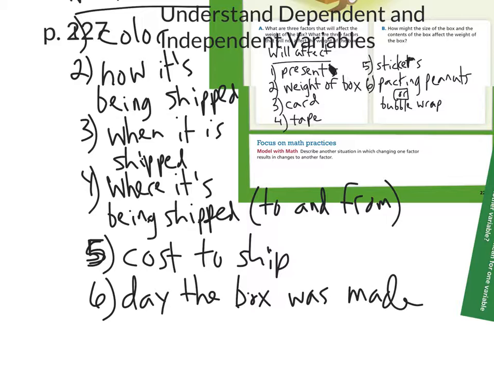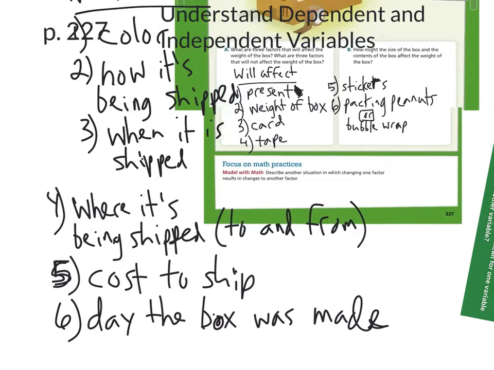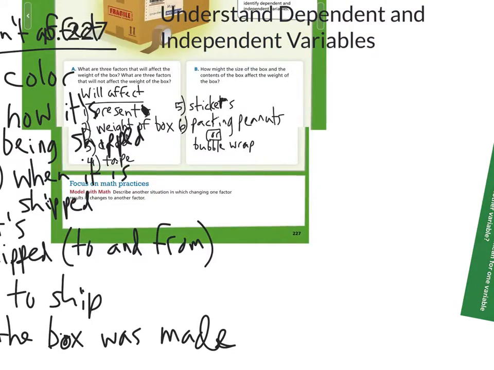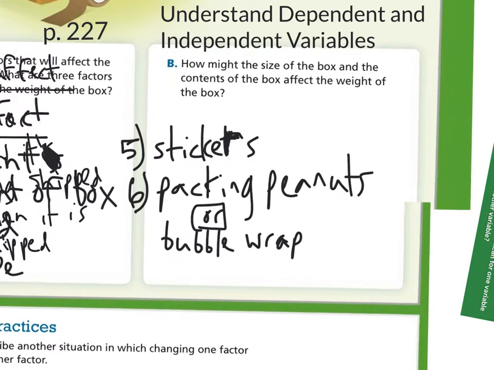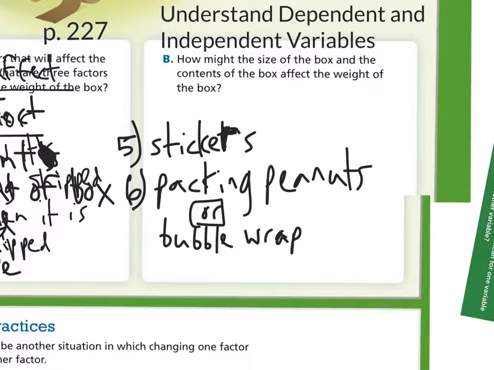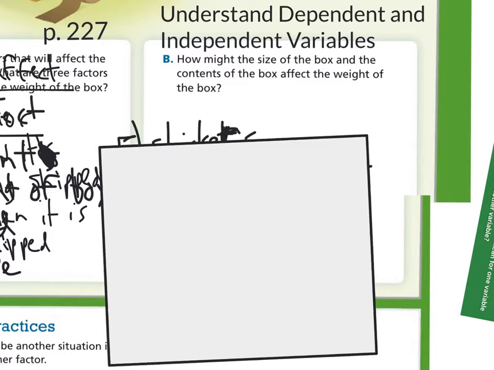Whatever day of the week it was made on or what time of year shouldn't affect how much the weight is going to be. If we look at part B, how might the size of the box and the contents of the box affect the weight of the box? We can look at both pieces of that.